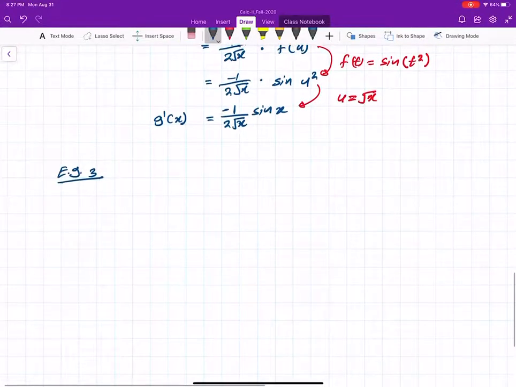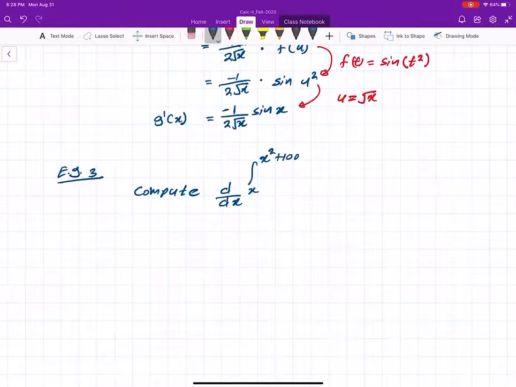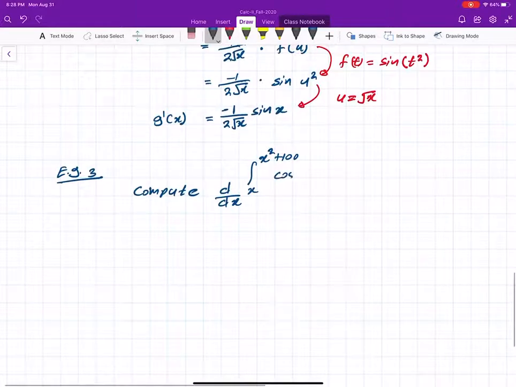Example number 3. Compute the derivative of the integration from x to x squared plus 100 of cos t dt.